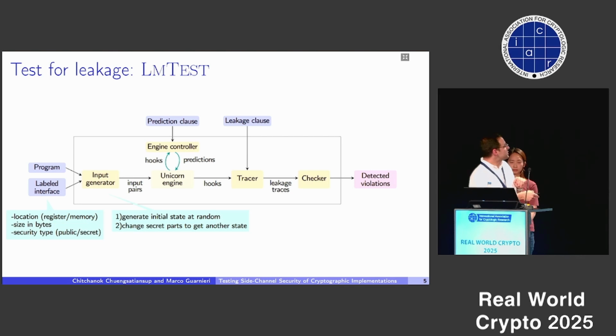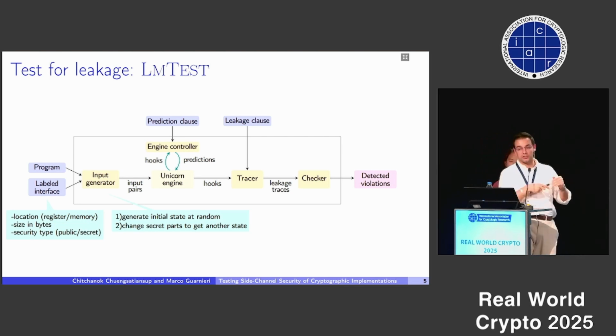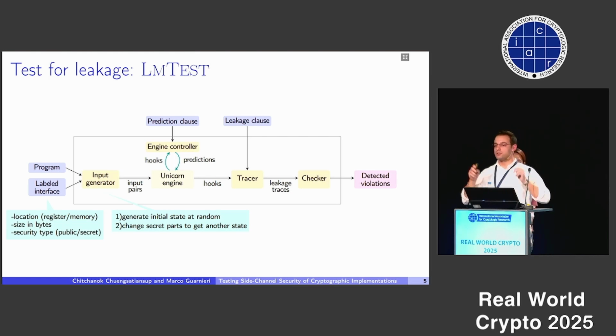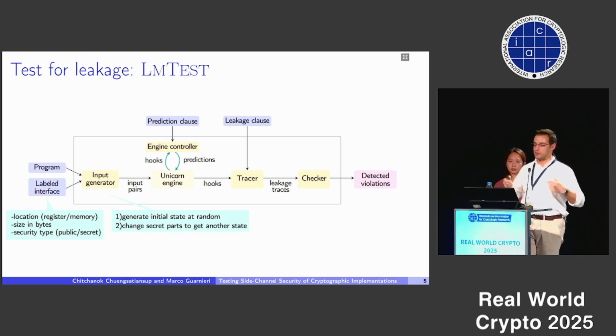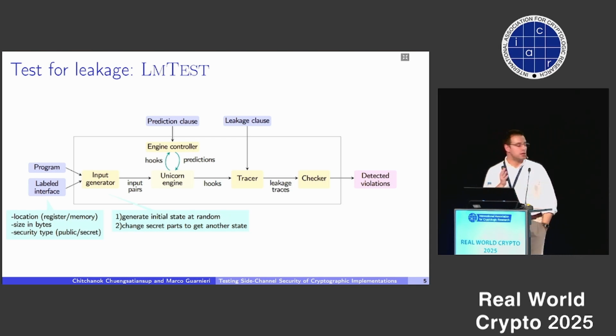So during the execution, the leakage clauses will be compiled down to these hooks that intercept events and compute leakage observations whenever the condition of the leakage clause is satisfied. Whereas for prediction clauses, whenever there is an event that satisfies the clause, we take a checkpoint of the emulation state.